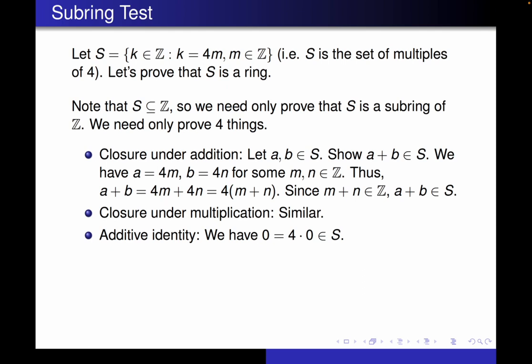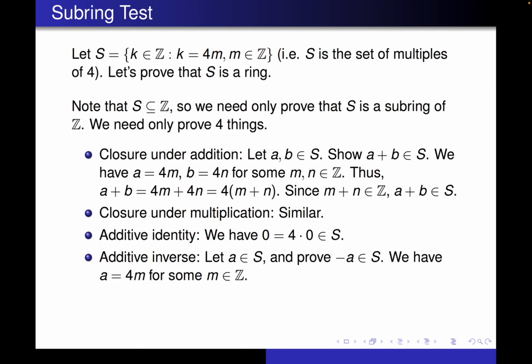Now for the additive identity, we have to somehow prove that 0 is a multiple of 4, but it is 4 times 0. 0 is an integer, 4 times 0 is in S, so 0 is in S as well. That's not so bad. And for additive inverse, we're going to assume that a is an element of S. We're going to show that negative a is also an element of S. We know that a is in S, so it's a multiple of 4, 4 times m, where m is an integer.